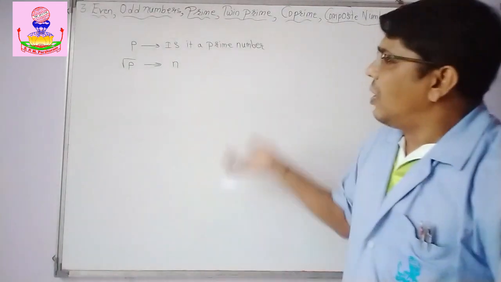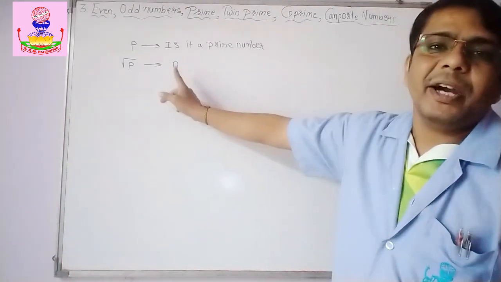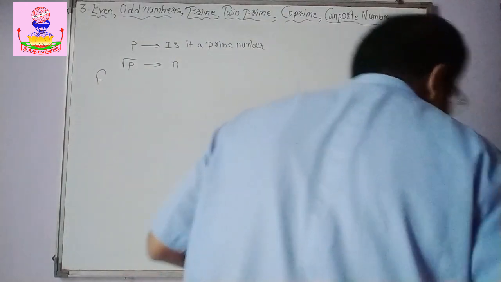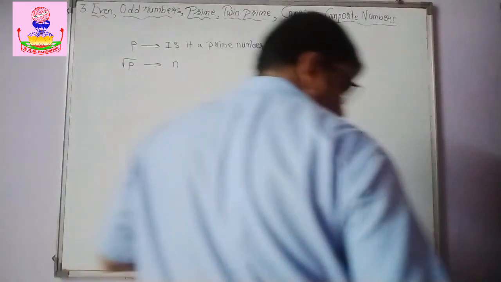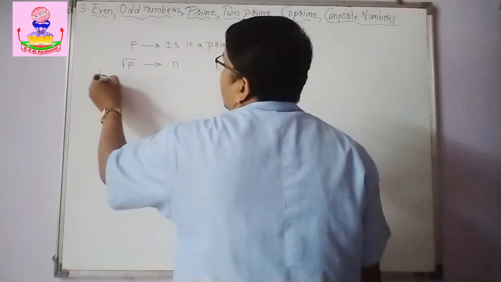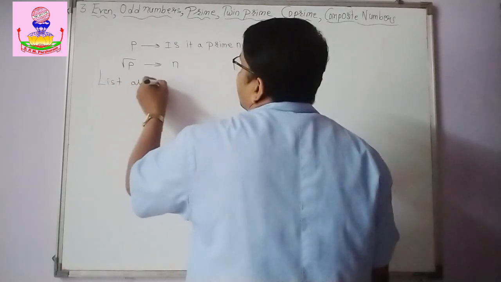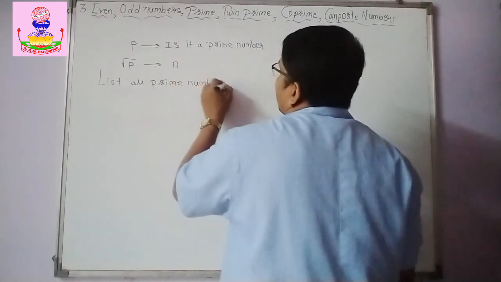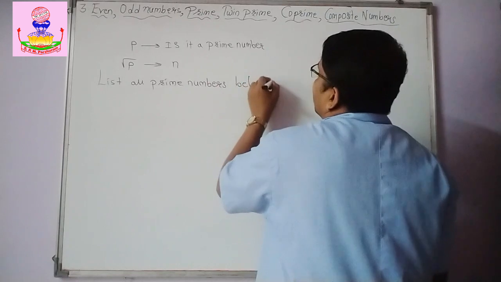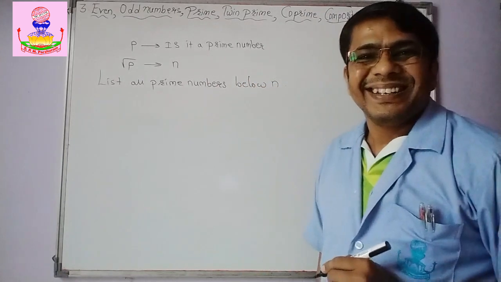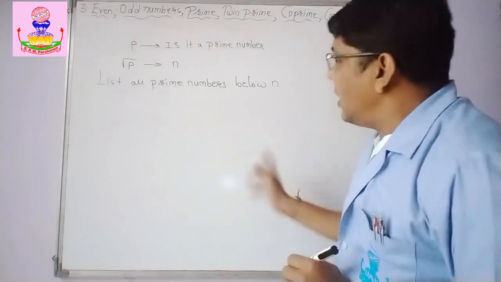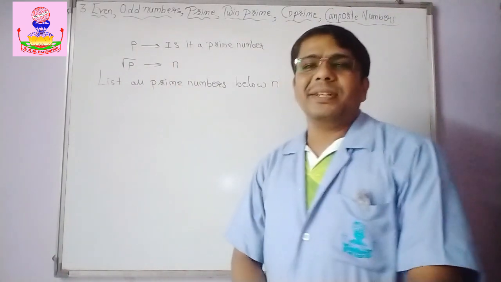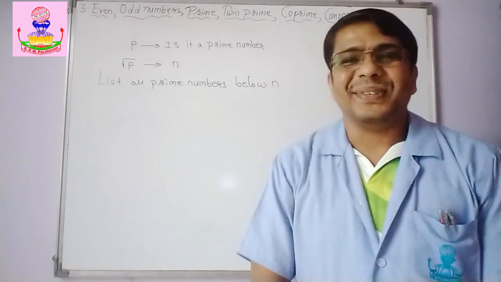Then find or list all the prime numbers below n. And if this P is not divisible by all these prime numbers, then P is a prime number.